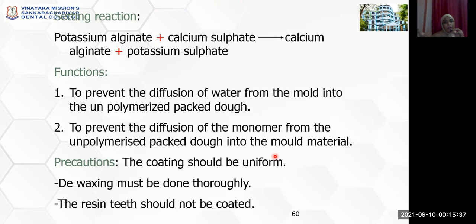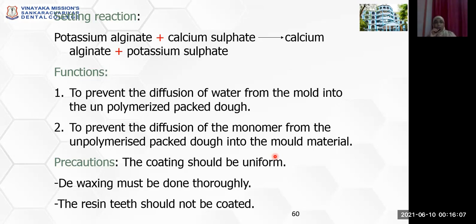The main function is that it prevents water from the mold space from reaching the resin, and also the monomer present in the resin will not escape out into the mold space. But certain precautions have to be taken, like when you apply the separating medium, it has to be uniformly applied.